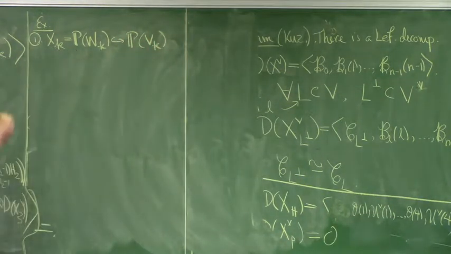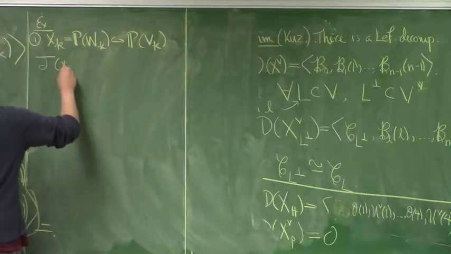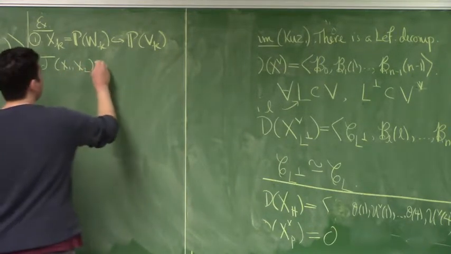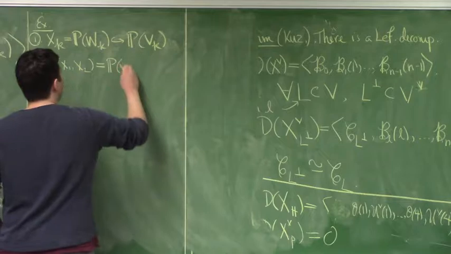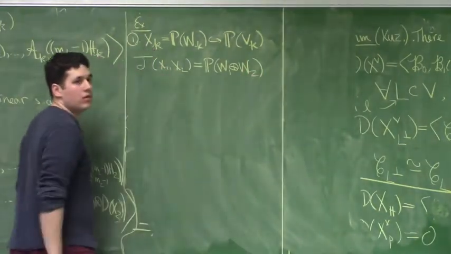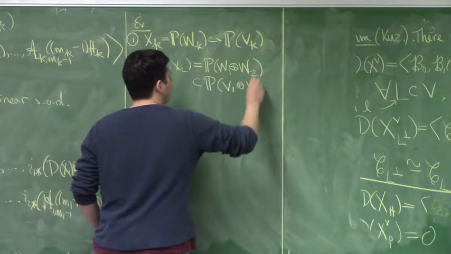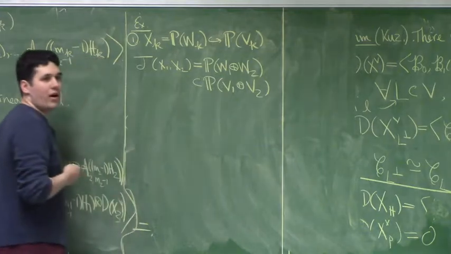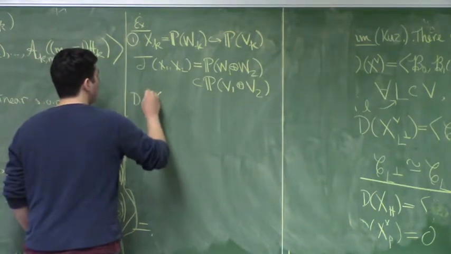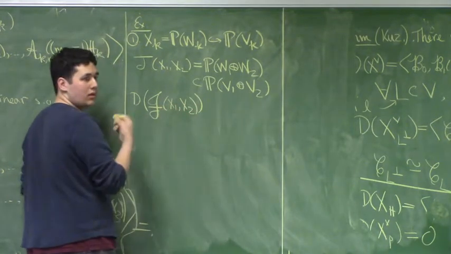First of all, we can consider just the classical join of x1 and x2, like the first row from over there, and of course that's just the linear span of W1 and W2. This is actually a smooth variety, and as you might hope, this categorical join is really just equal to this classical variety.